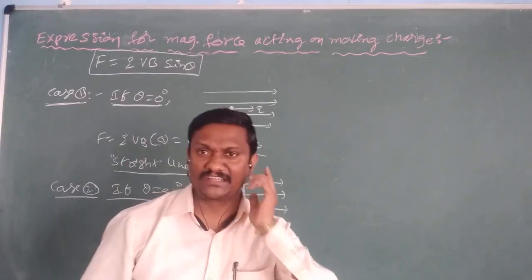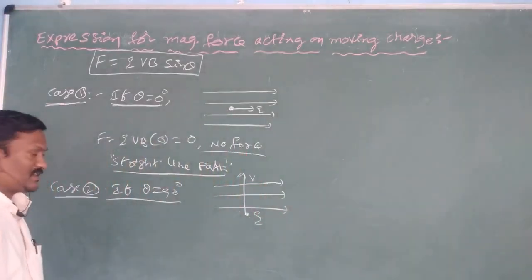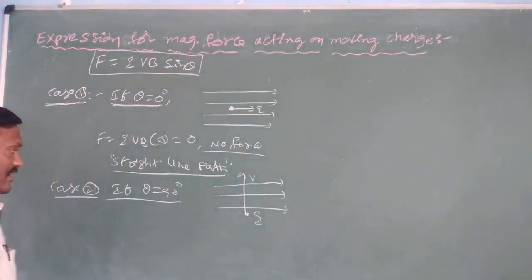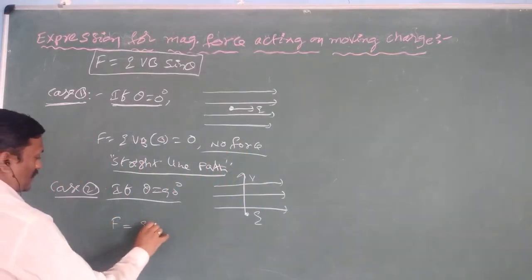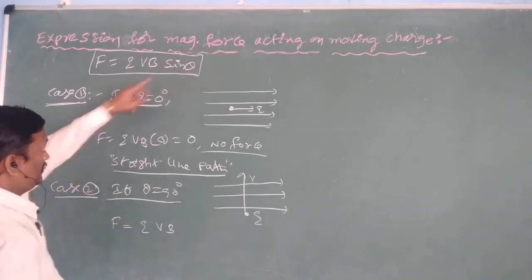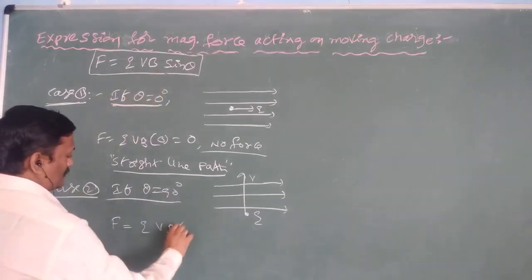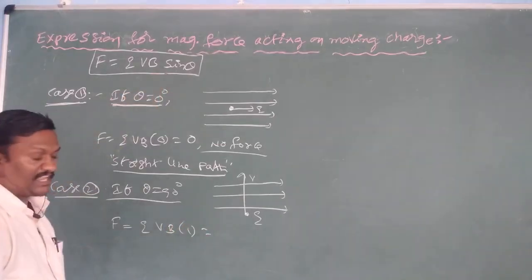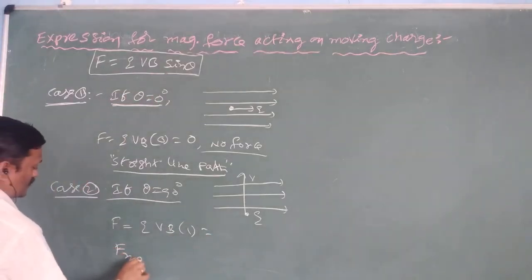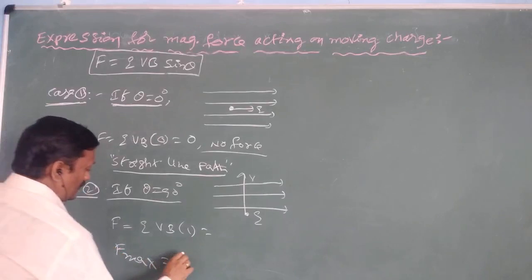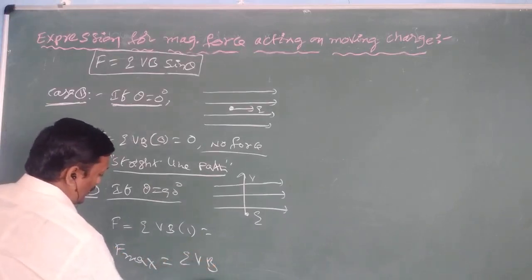Then the force becomes F is equal to QVB into sine 90, and sine 90 value becomes 1. The sine value 1 means maximum force. So the expression for the maximum magnetic force acting on the charge is F is equal to QVB.